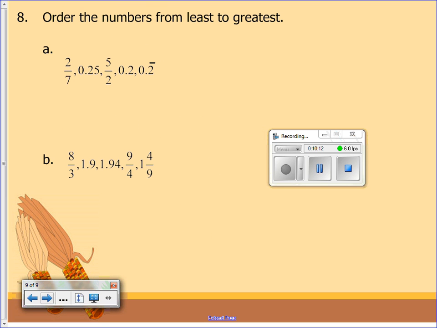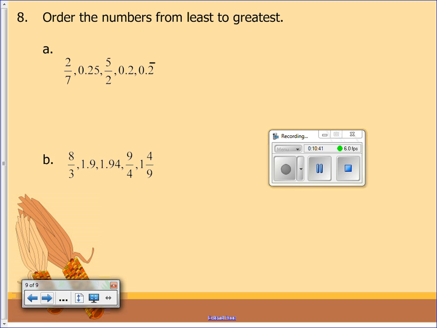Now, in our last order, you're going to compare in order these numbers. So since our lesson is on decimals, we're going to convert the fraction to a decimal, compare them, and put them in order from least to greatest in their original format.